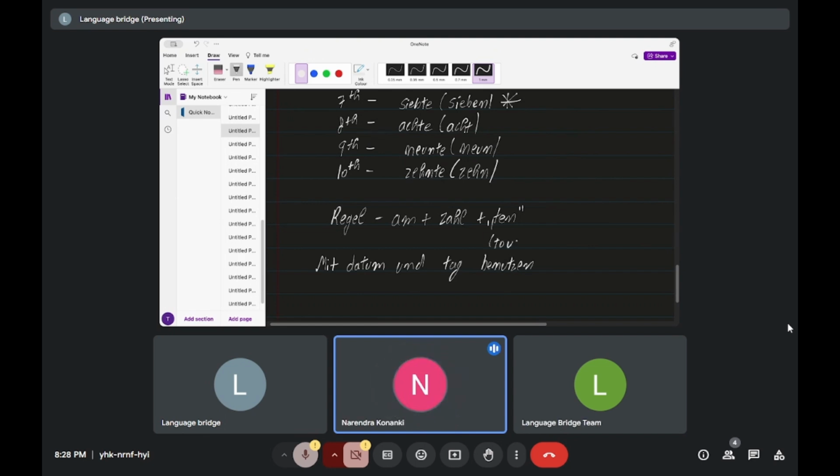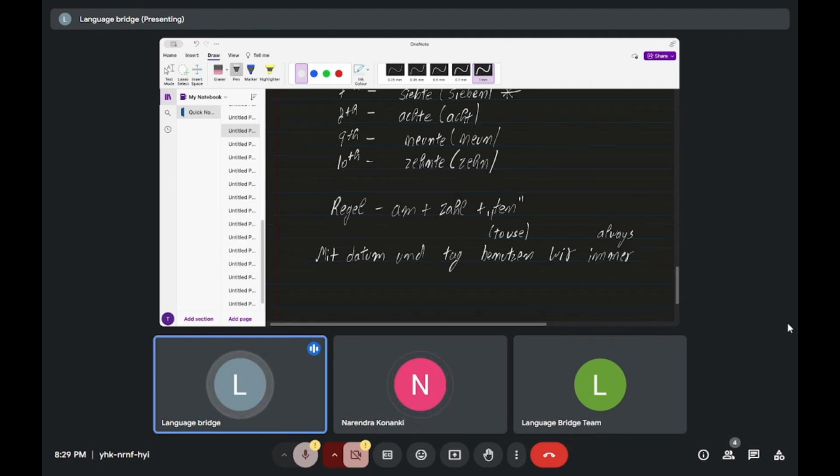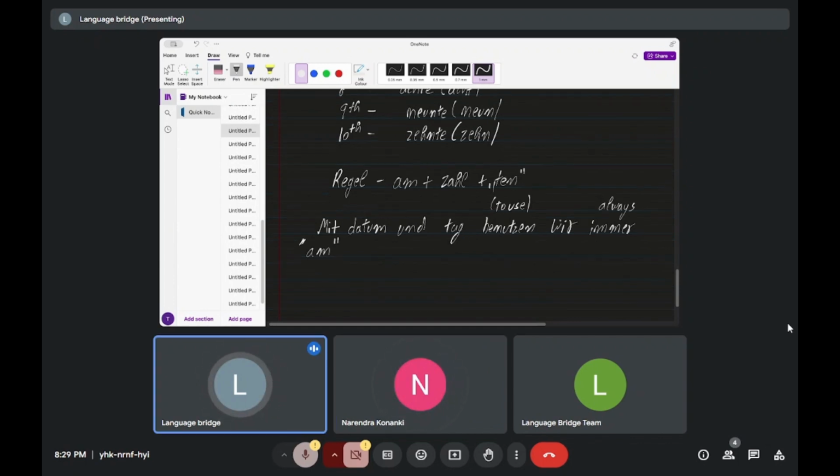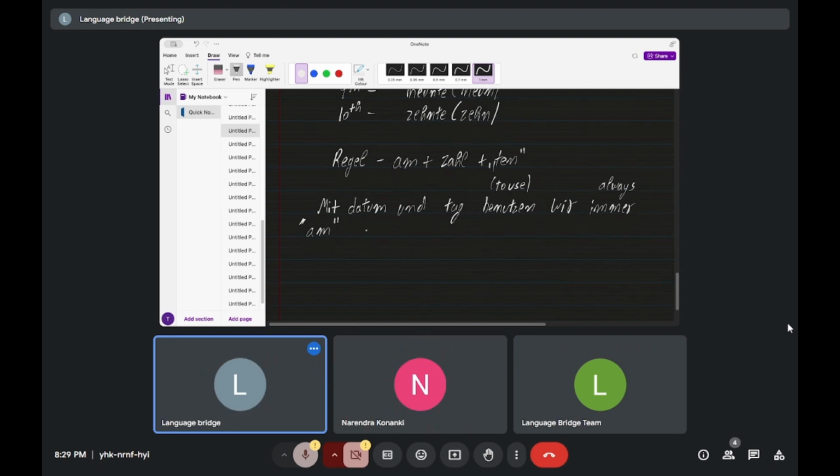With dates and days we always use am. For example, am Freitag, am Montag.